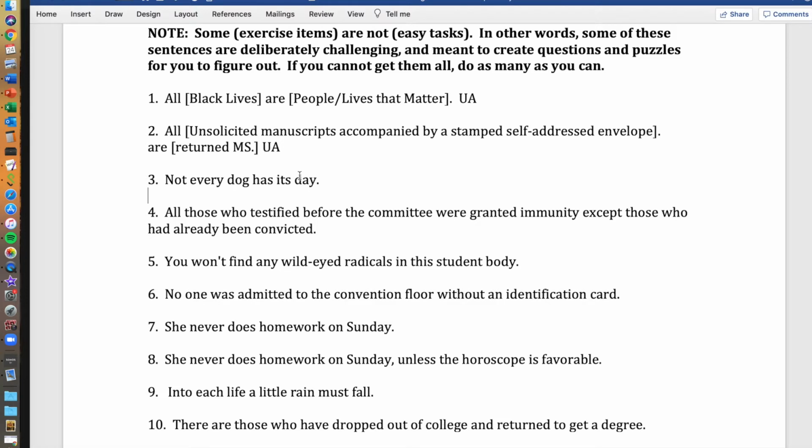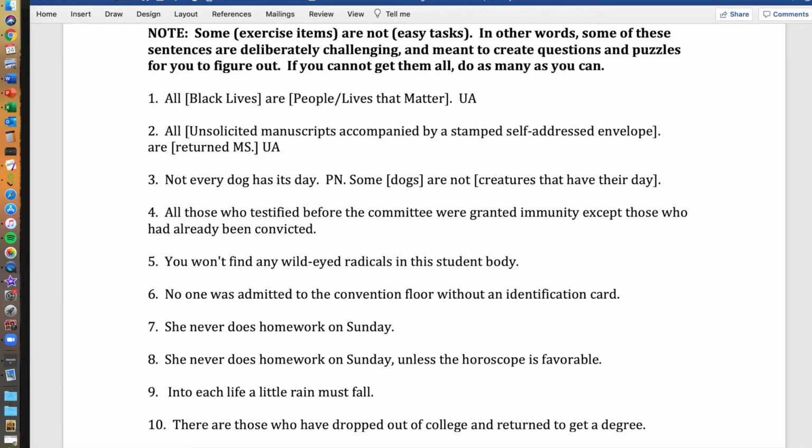So this is a good indication that this is going to be a particular negative statement. And we would reconstruct that or translate that as some dogs are not, and again we use a noun, creatures perhaps, or animals that have their day.